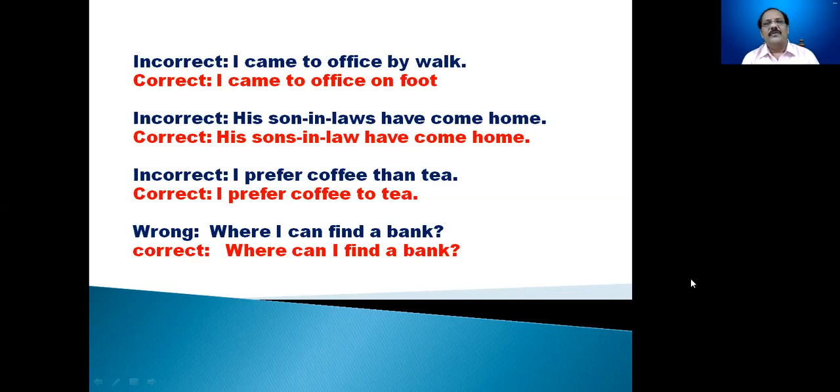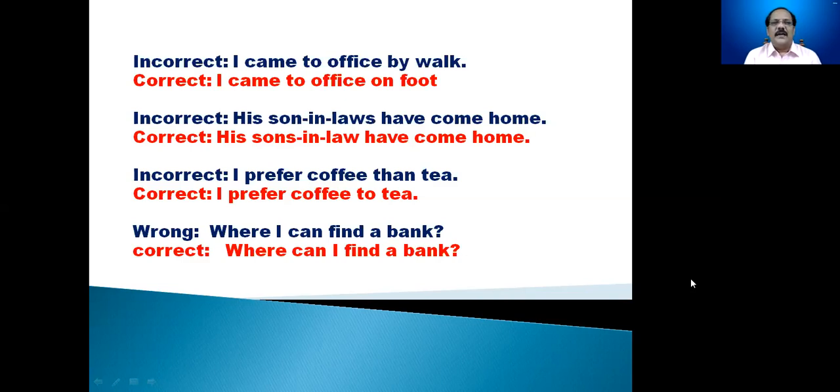So when you are using means of transport, you should use by as a preposition. But here there is no means of transport. That's why we say on foot. So don't use by walk, the right expression is on foot. So the right answer is I came to office on foot.